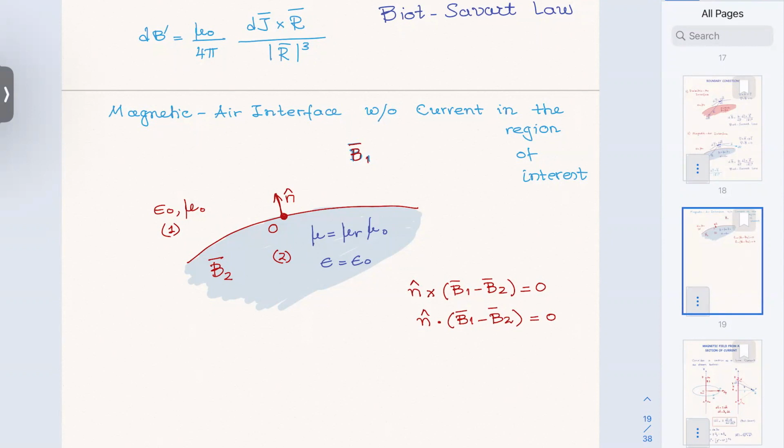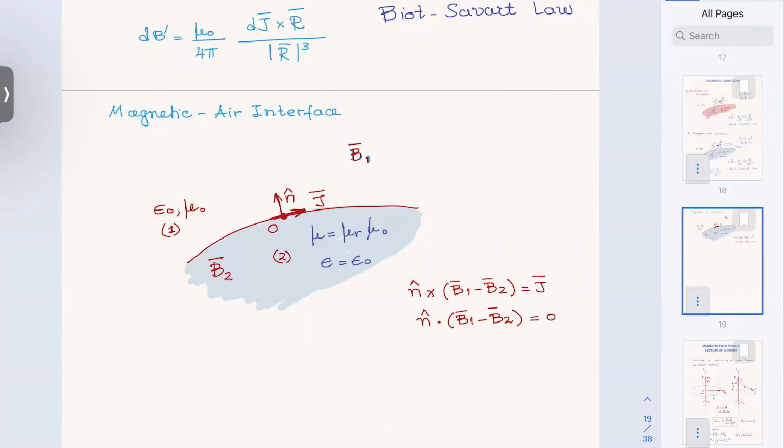Now, if we add a current on the interface, J, then this field changes. So let me, in fact, also now remove this condition, which I entered in the beginning. And in this case, I will have that this one is going to be equal to J. And that makes it more general.